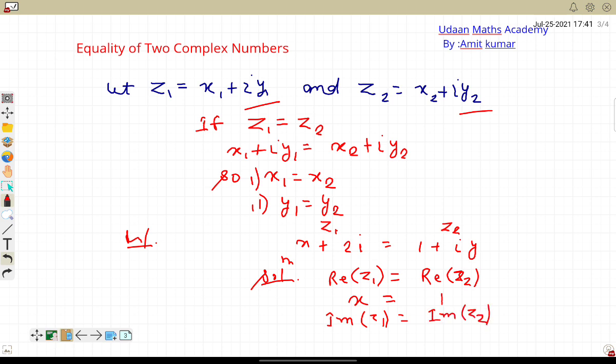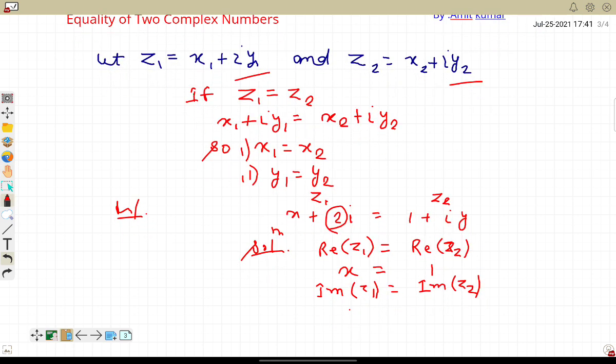So what is the imaginary part of z1? 2. So write down 2 here. And what is the imaginary part of z2? Y. So y must be equal to 2 and x is equal to 1. So in this way, after equating these two values, we can easily find the value of some unknown variable like x and y.